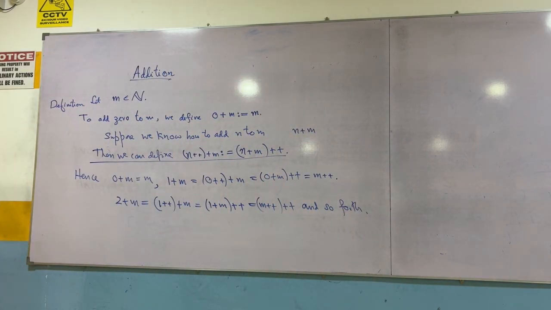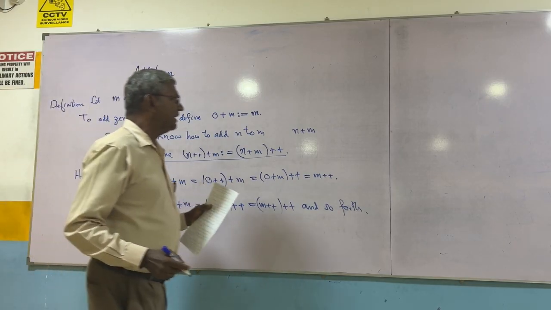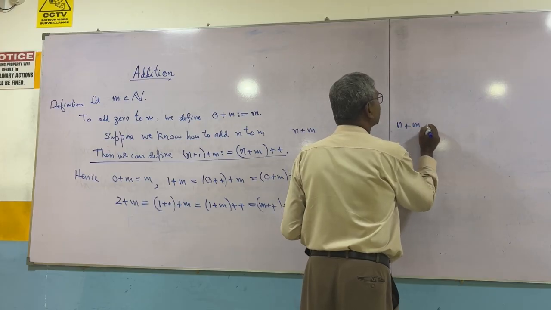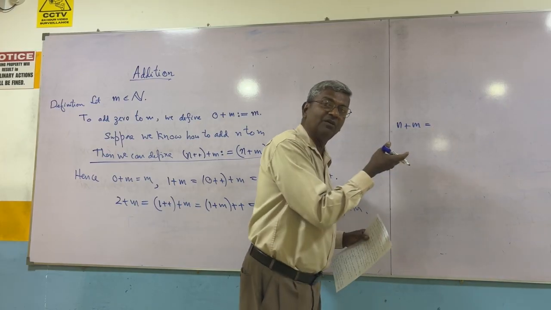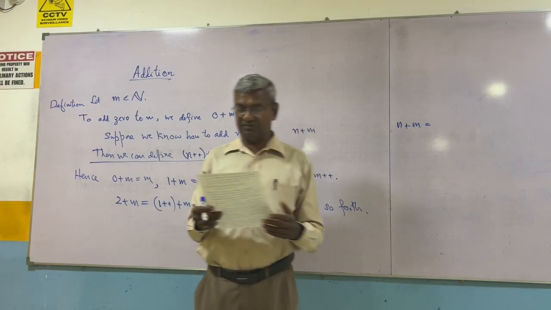Note that our definition of addition is recursive. Observe that given a natural number m, we have defined n plus m for every natural number n. Because this definition is recursive, for any n now we know how to add n, going recursively many times.